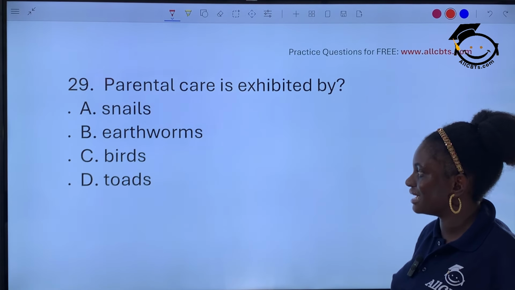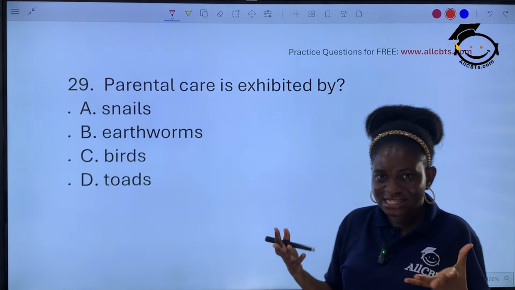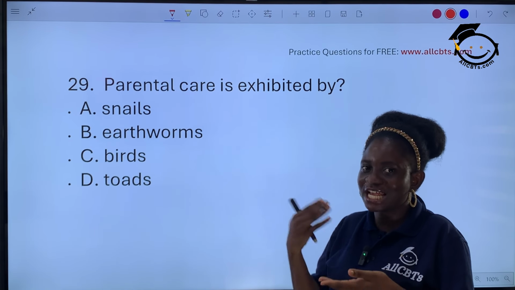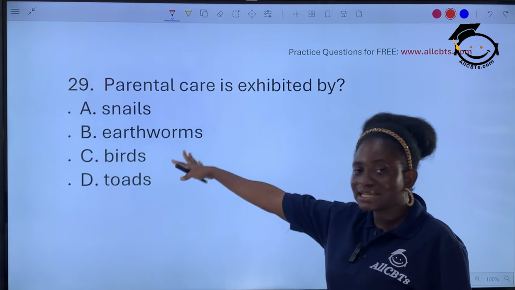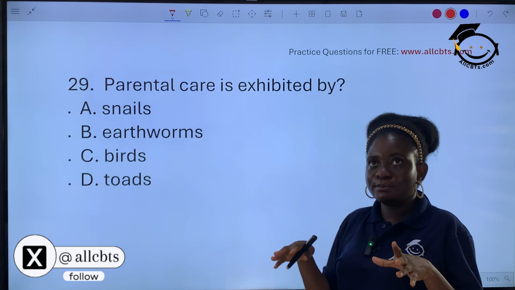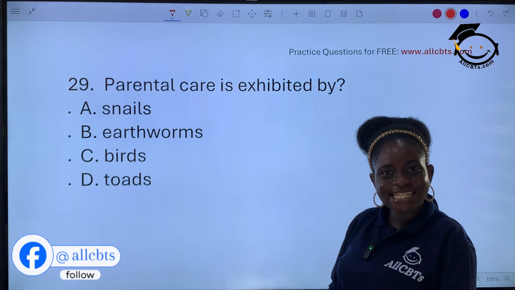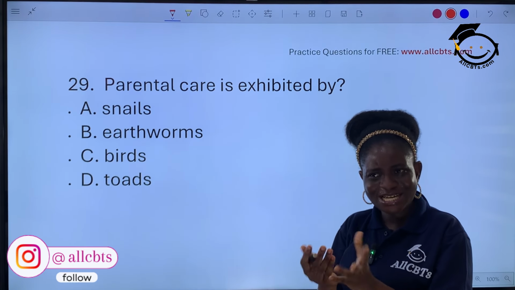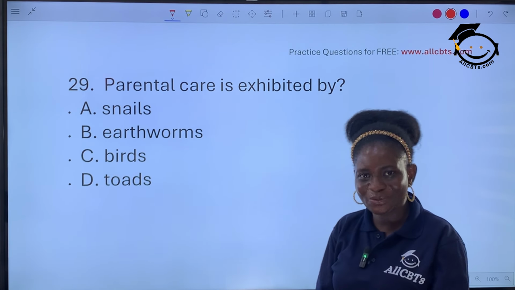So let's just compare it. If you look at it, birds go the extra mile compared to these other organisms. When birds lay their eggs, they incubate them, and they build nests just to keep their babies warm.